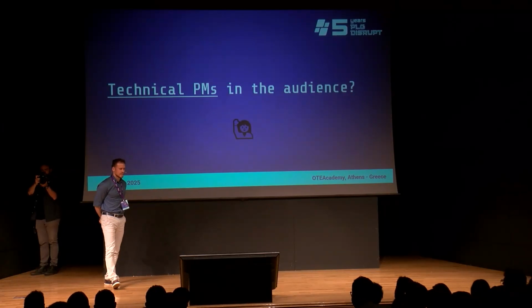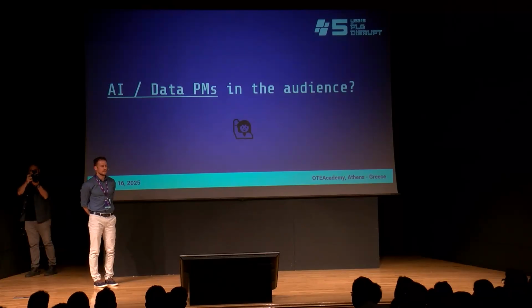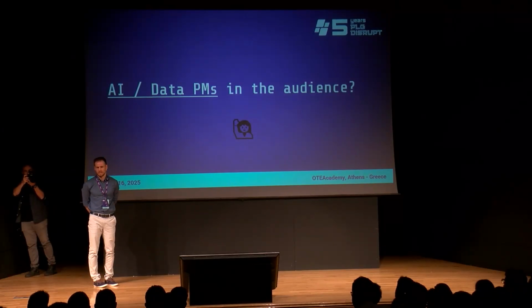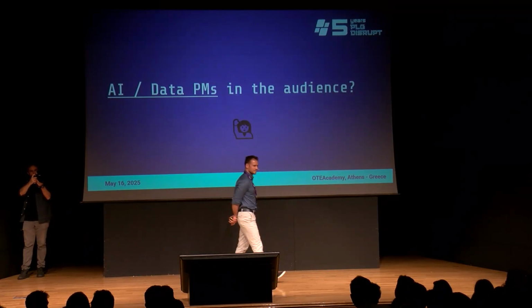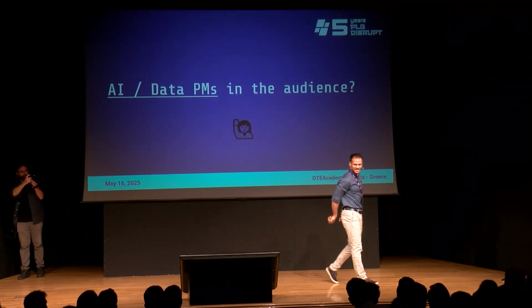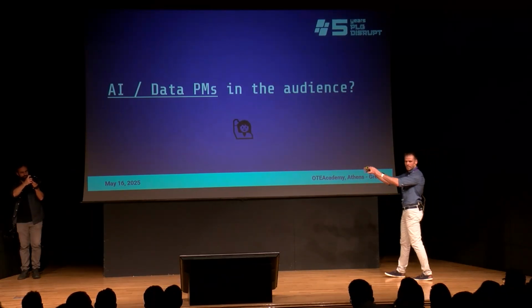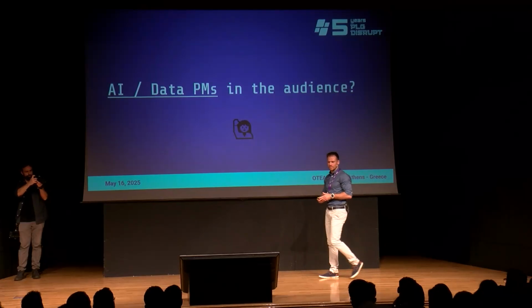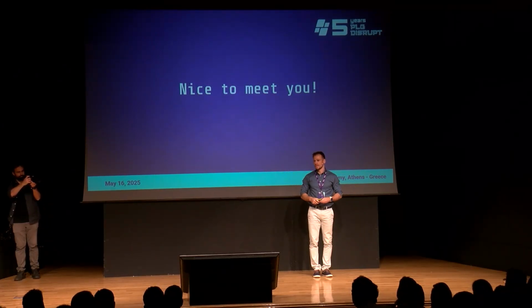It's okay. All right. The million-dollar question right now, how many AI or data product managers do we have here? That's good. Very few. There's a course. All right, we don't transform people. There's a process, of course. So nice to meet you all. Thank you for being here.